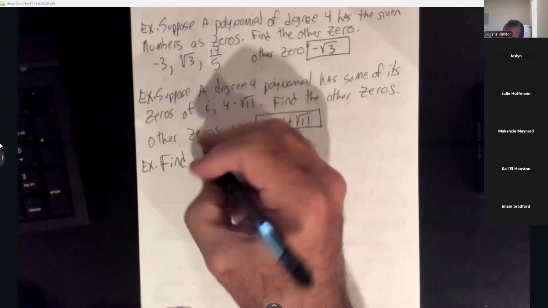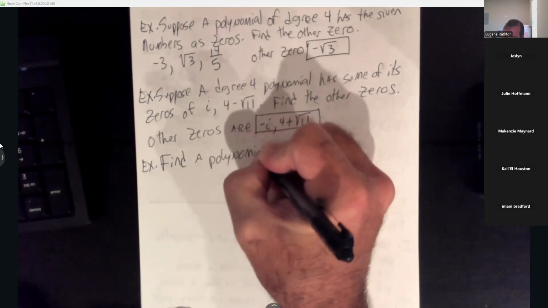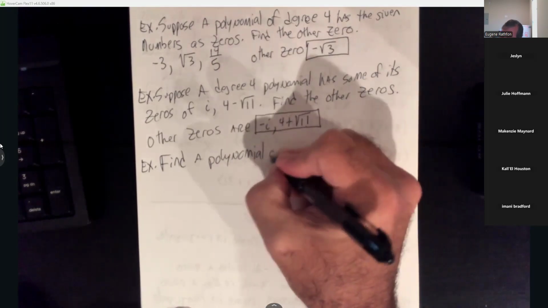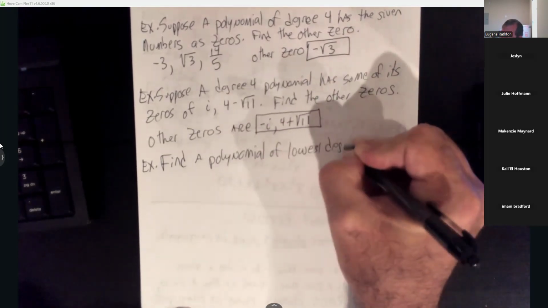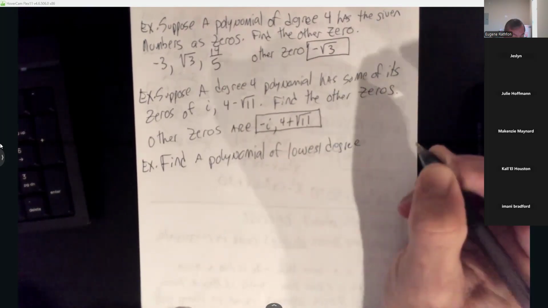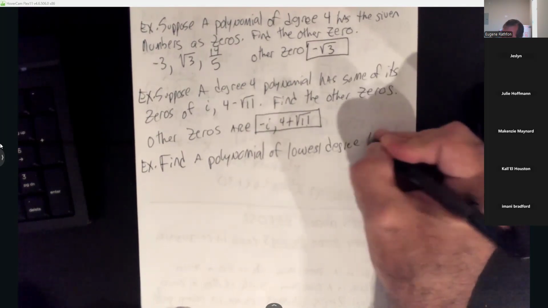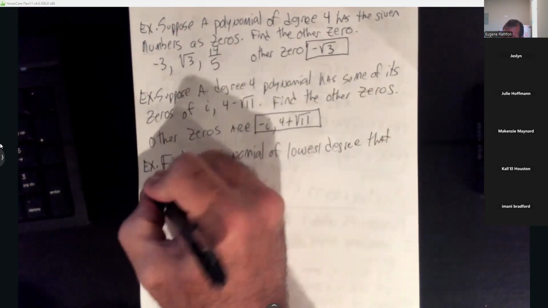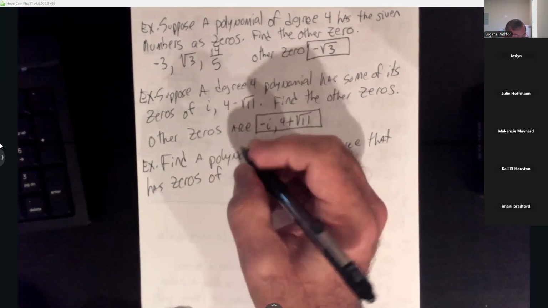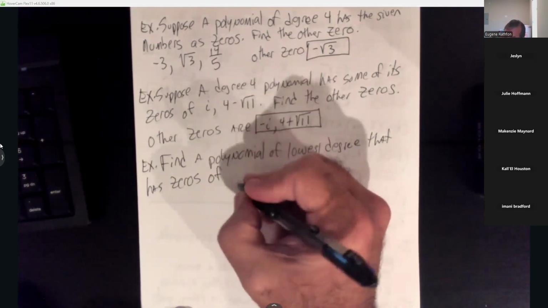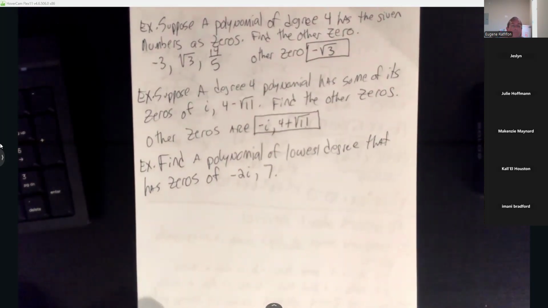We're going to find a polynomial of lowest degree that has zeros of negative 2i and 7.